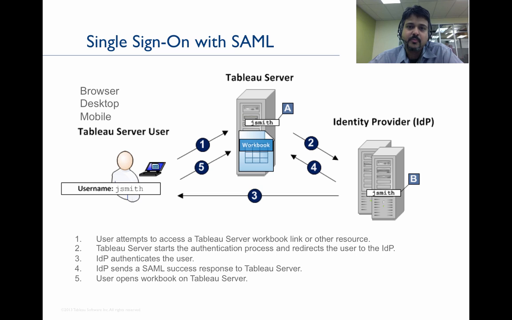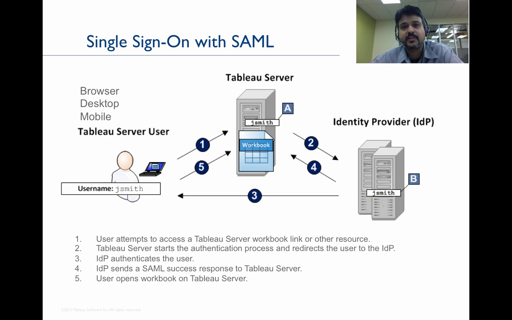Tableau Server will redirect the user's client to the identity provider. The identity provider will initiate the authentication with the client directly. Once the identity provider has authenticated the user, the identity provider then sends a response back to Tableau Server.